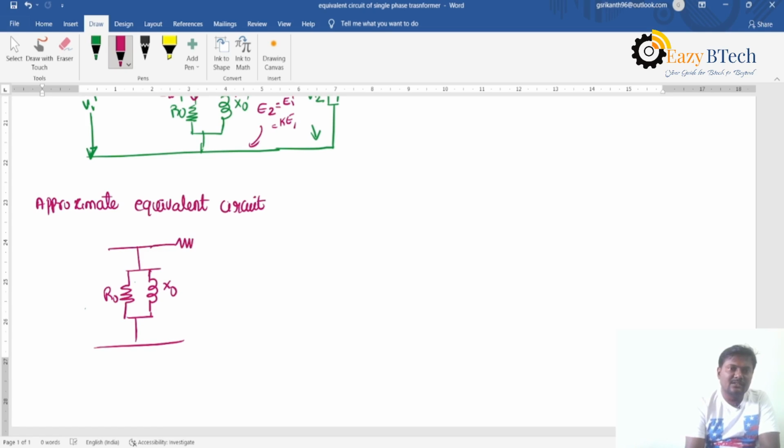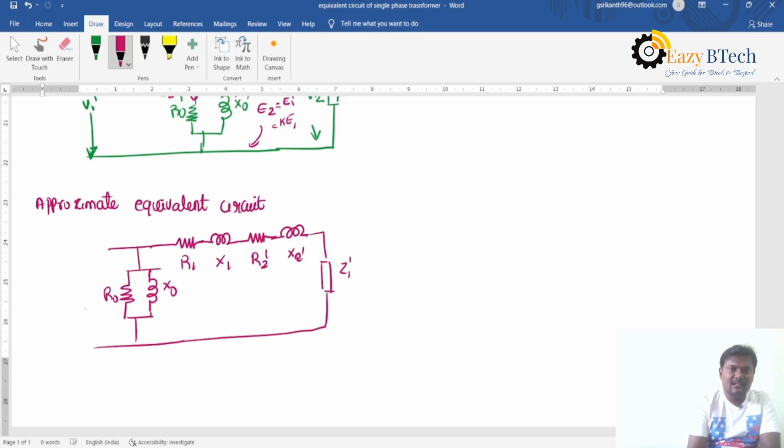So now this one is R1, X1, R2 dash, this is X2 dash, ZL dash is equal to ZL by K square, and V2 dash is equal to V2 by K. And the current that flows through the secondary winding is I2, this one is I0, the primary current is I1.